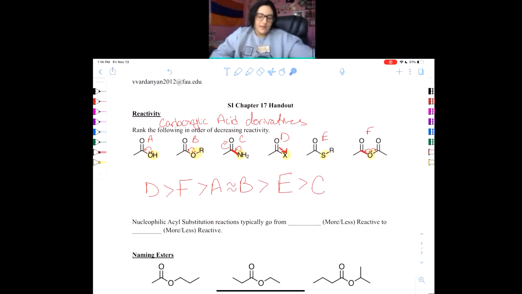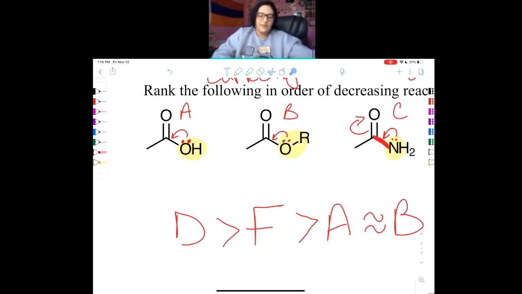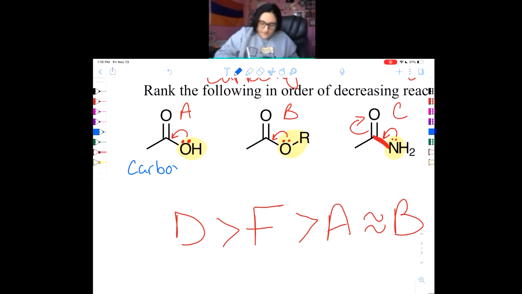Okay. So now that we have the reactivity order, we're going to go through and name these guys. We should know most of these already, so what do we call this guy? I want you guys to tell me. Carboxylic acid, exactly. Perfect, and what about this guy right here?